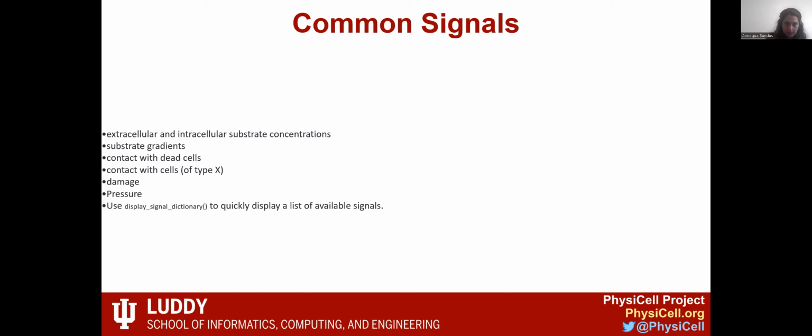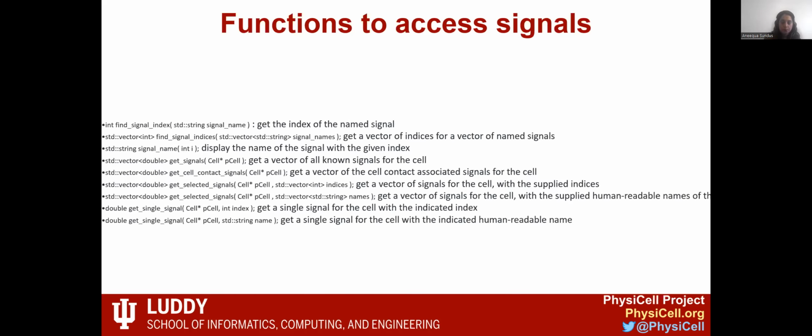are available right now. And then these are the important functions that we use to access these signals. You can find the signals by index. You can find them by the name of the signals, and we can display the name of the signal with a given index. We can get a vector of all signals, and a vector of all cell contact associated signals.